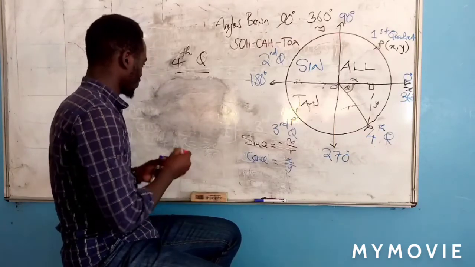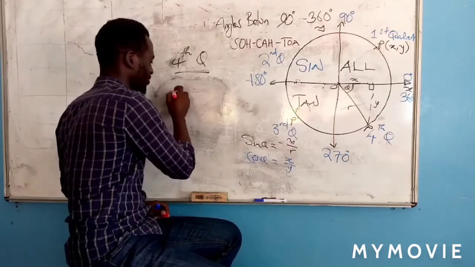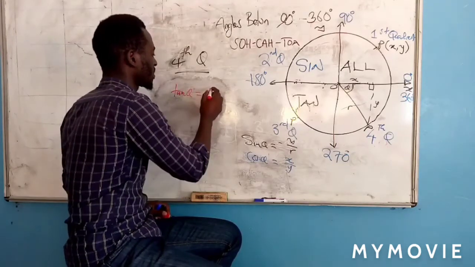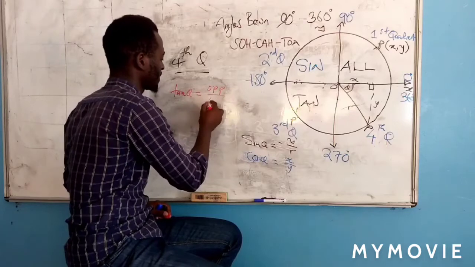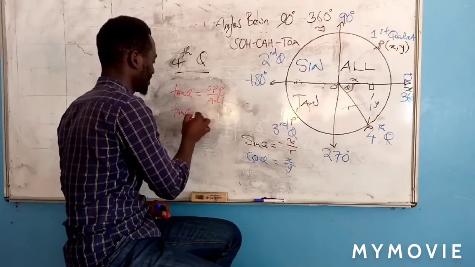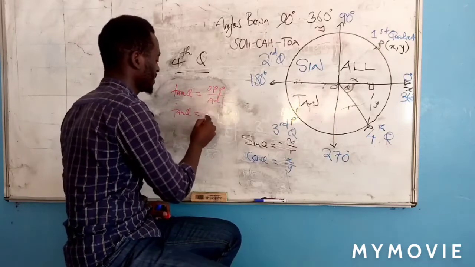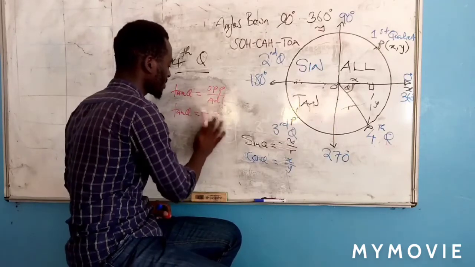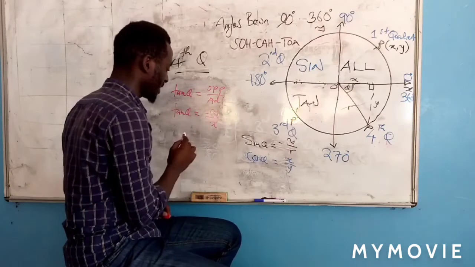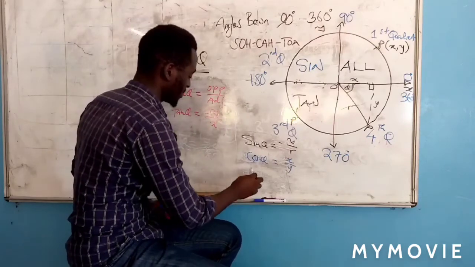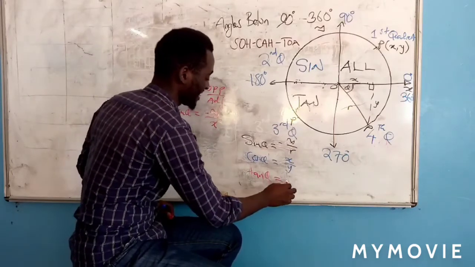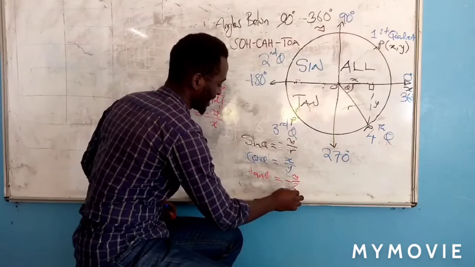So let's use tan. Tan theta is equal to opposite over adjacent, right? So tan theta is equal to opposite, which is negative y, over adjacent, which is x. So with tan theta it's equal to negative y over x.